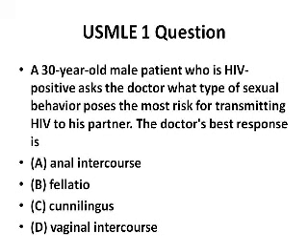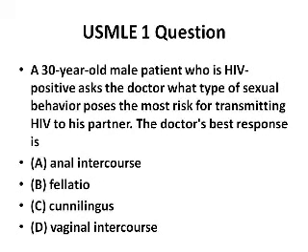So let's take a look at the first one. A 30-year-old male patient who is HIV positive asks the doctor what type of sexual behavior poses the most risk for transmitting HIV to his partner. So the doctor's best response is A, anal intercourse, B, fellatio.